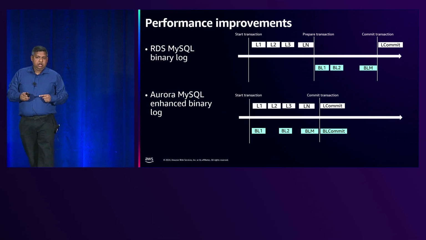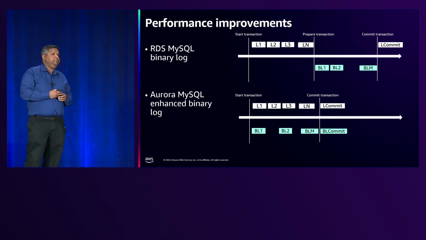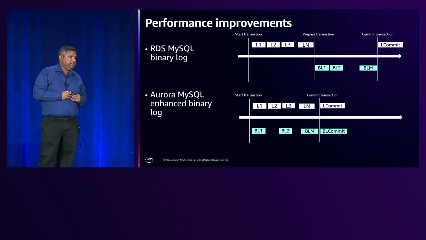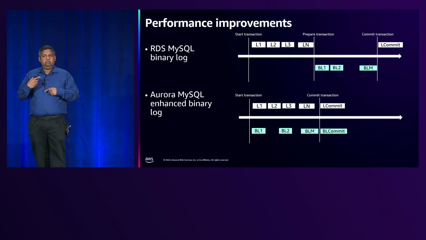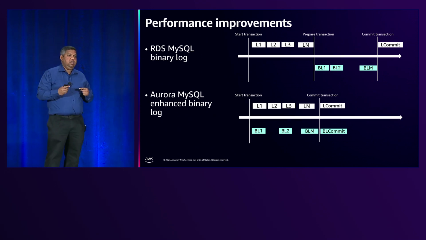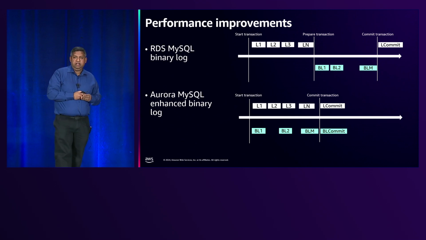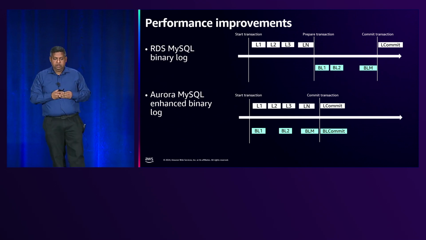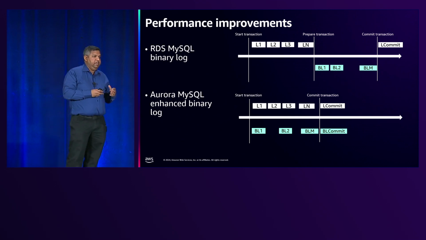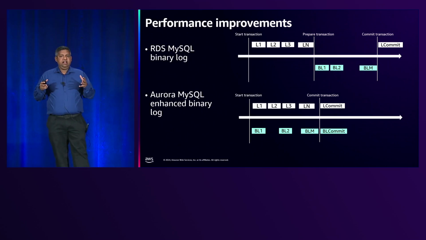The next thing I want to talk about is the performance improvements that we have done on the Aurora engines. In order to explain that, I'm going to talk first about how RDS MySQL bin log replication works. Traditionally, if you have used bin log replication to replicate a MySQL database, it creates information about all your transactions.